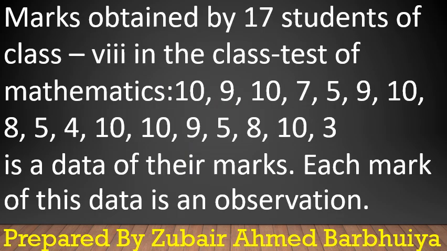Example: marks obtained by 17 students of class 8 in the class test of mathematics are as follows: 10, 9, 10, 7, 5, 9, 10, 8, 5, 4, 10, 10, 9, 5, 8, 9, 8, 10, 3. These are the marks obtained by 17 students in a class test of mathematics.